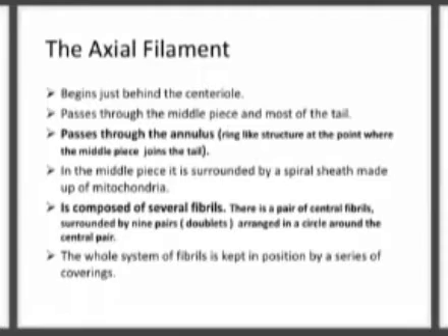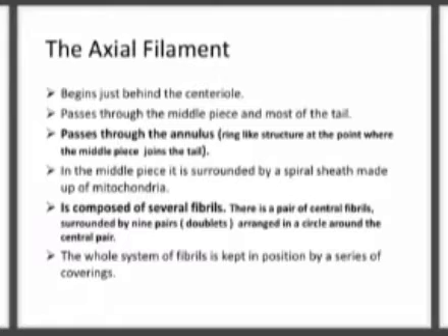Axial filament begins just behind the centriole and passes through the middle piece and most of the tail. It passes through the annulus, a ring-like structure at the point where the middle piece joins the tail. In the middle piece, it is surrounded by a spiral sheath made up of mitochondria.